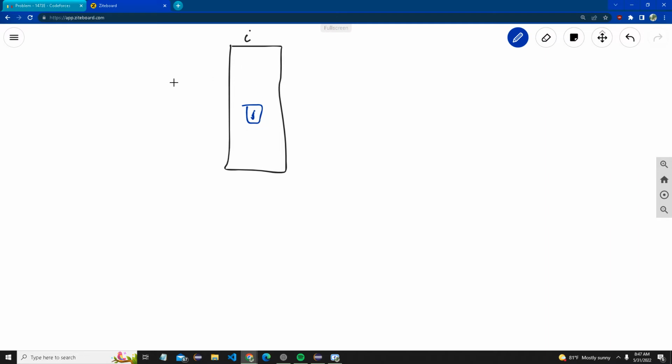Rectangle I has to enclose rectangle J fully. That's the question. For each rectangle, you're trying to find at least one other rectangle J such that you can put rectangle J inside of rectangle I.